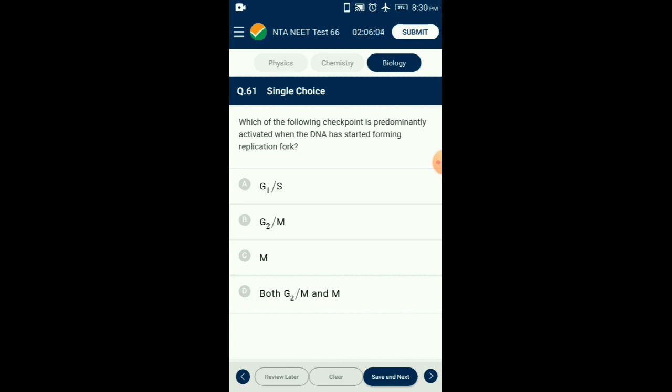The primary G1 and S cell cycle checkpoint controls the commitment of eukaryotic cells to transition through the G1 phase to enter into DNA synthesis in S phase. So the answer is option A.